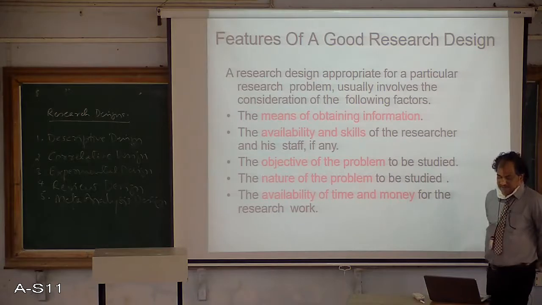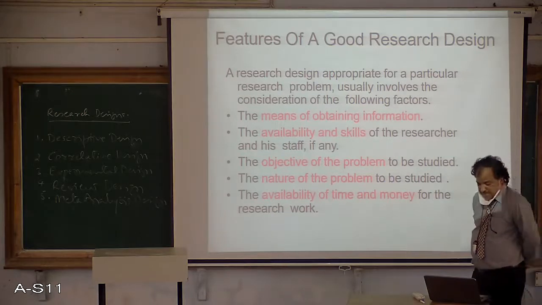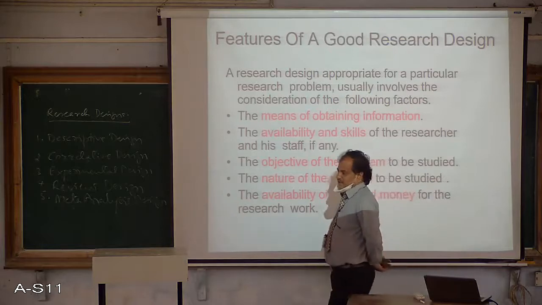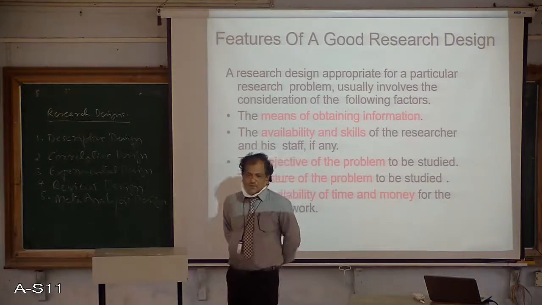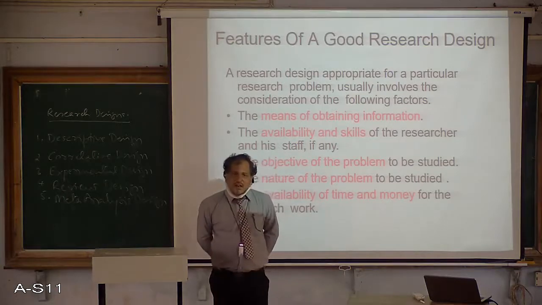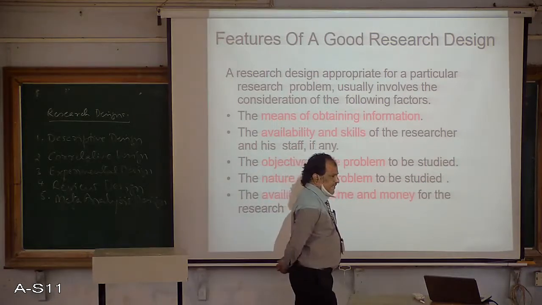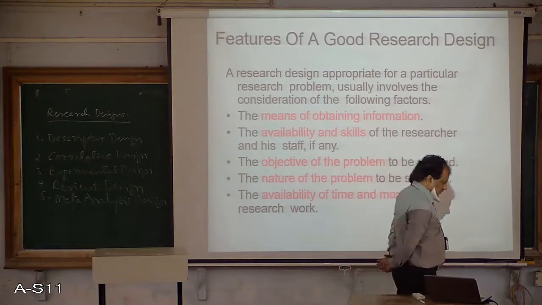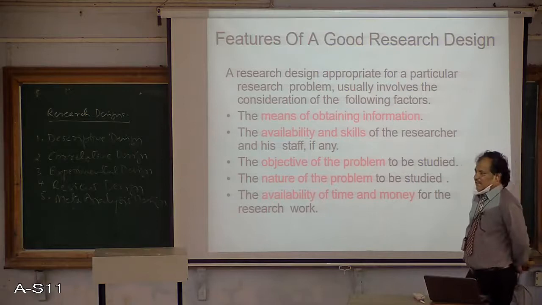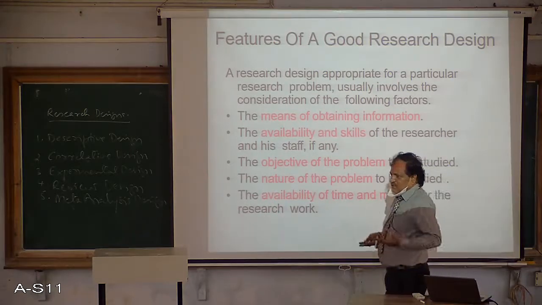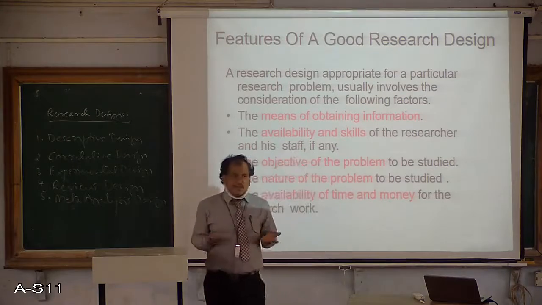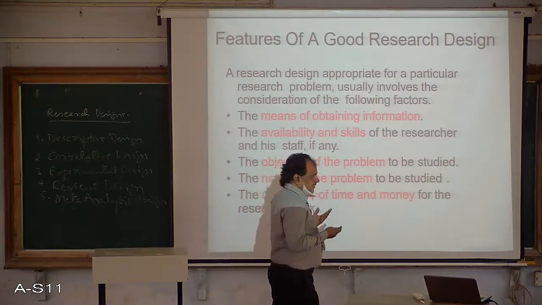And the second factor is the availability and skills of the researcher and his staff, if any. Once the information is readily available and whatever information is expected is made available by some means, after that, the skills of your researcher and his team will help in coming up with the proper use.